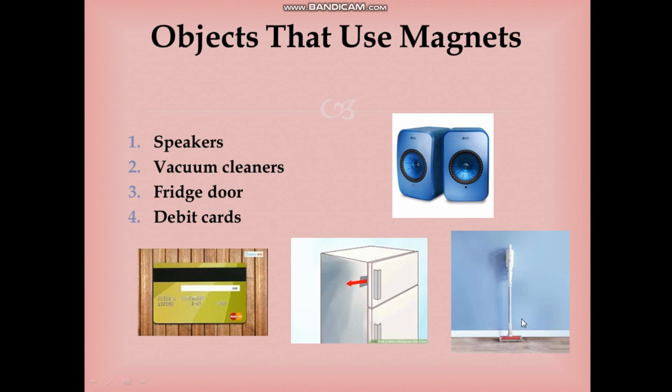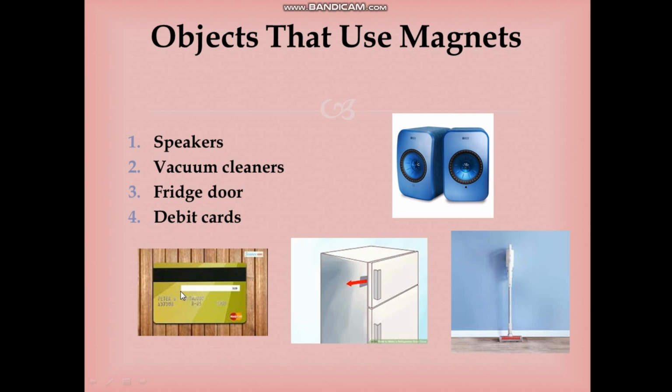Next is a fridge door. Some fridges have magnetic materials in rubbery strips on the inside of their doors. It makes the doors stick to the body of the fridge when the doors are closed.